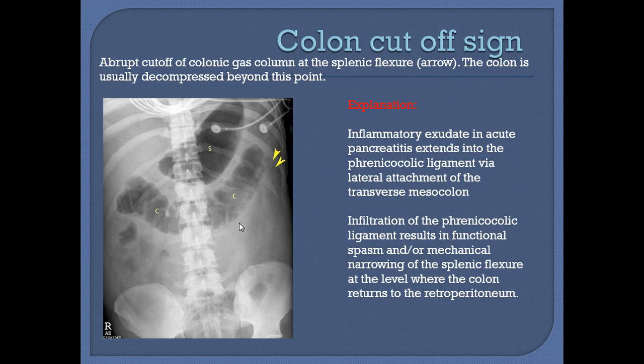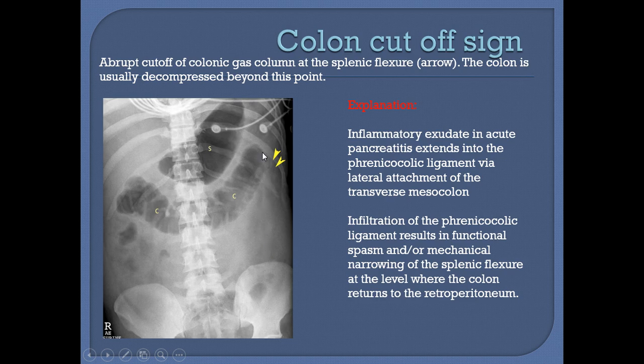Colon cutoff sign. What is colon cutoff sign? It is basically the abrupt cutoff of the colonic gas column at the splenic flexure. What is splenic flexure? This is the transverse colon, this is the ascending colon, and here is the descending colon.